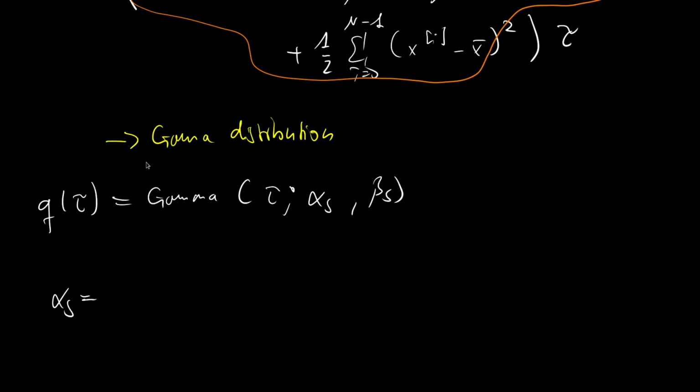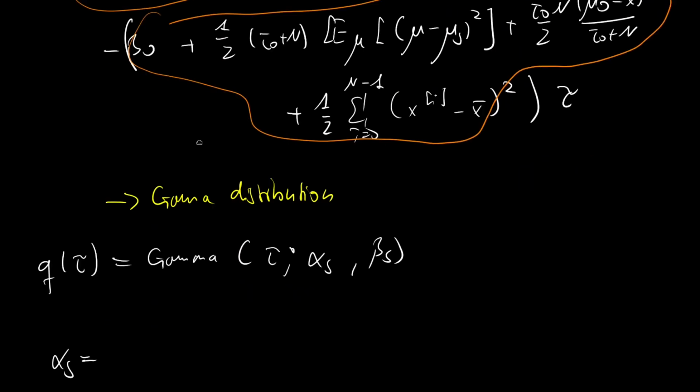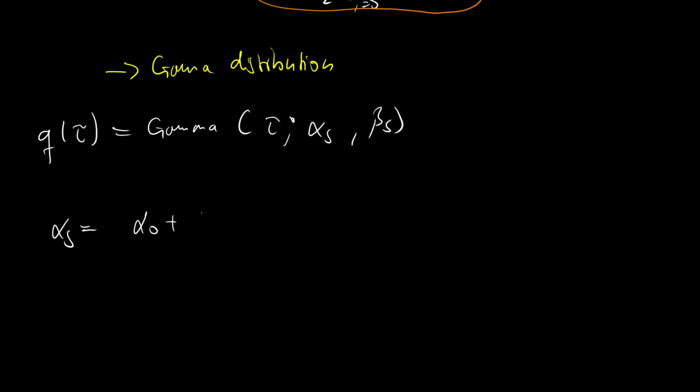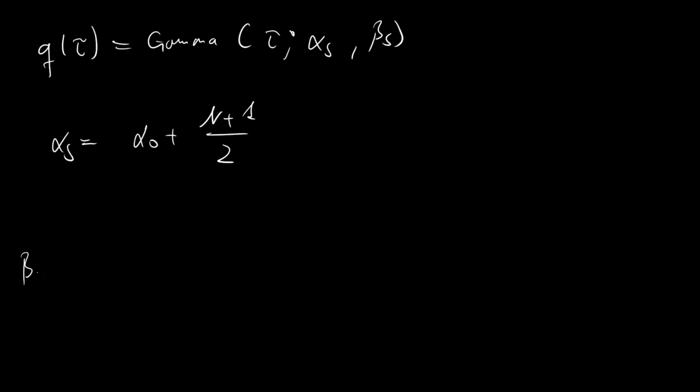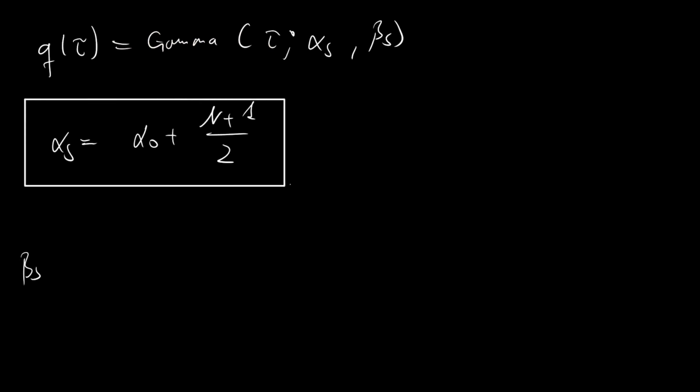And alpha s is given as this one here. So it's alpha 0 plus n plus 1 over 2. And beta s, let us first indicate this as our first finding, beta s will be a little lengthy.